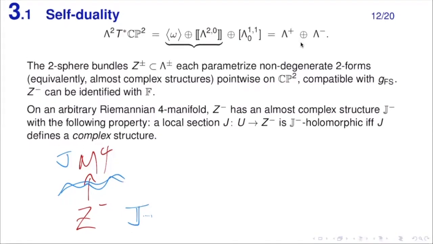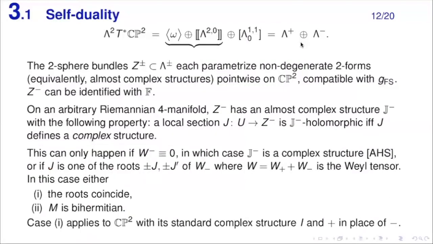So this almost complex structure J, which I've defined just really on, it will exist both on the sphere bundle in Λ2 minus, and also on the sphere bundle, it would be called J plus, obviously, on the sphere bundle in Λ2 plus.